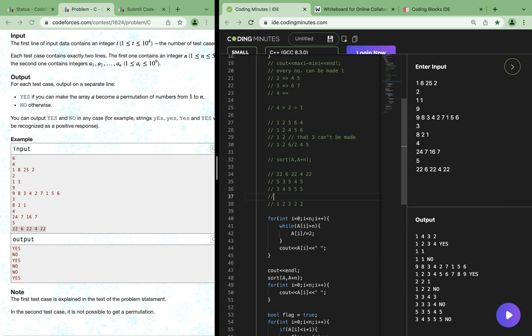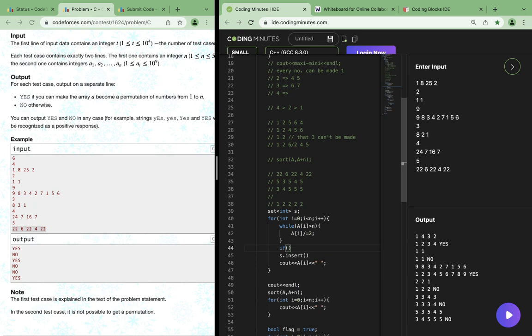Maybe I need to use the duplicates effectively, I guess, and keep a set, and then just use it as a reference. So maybe take a set and just insert the number into the set. s dot insert.